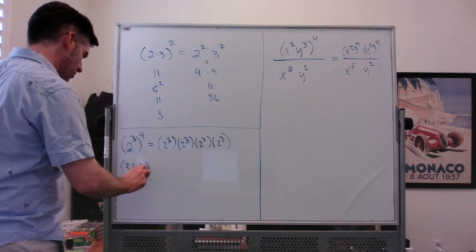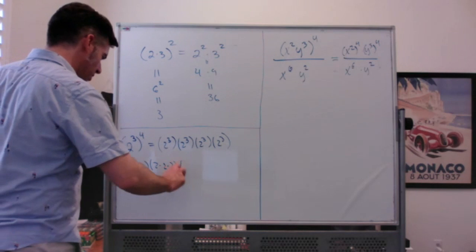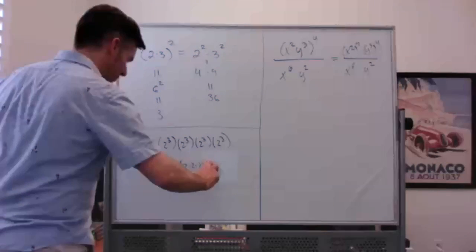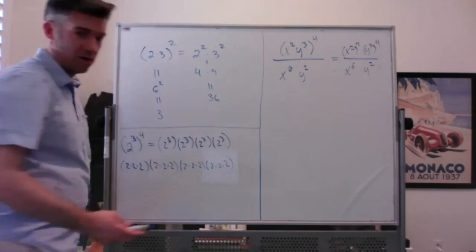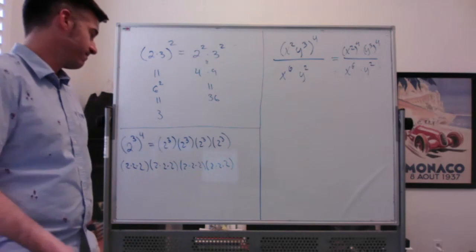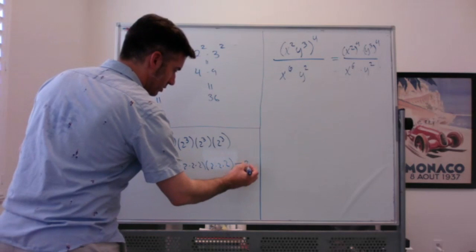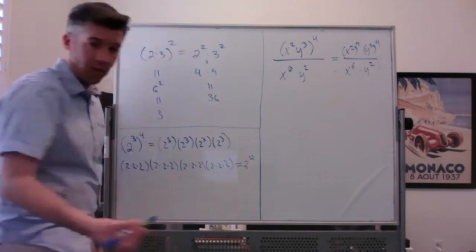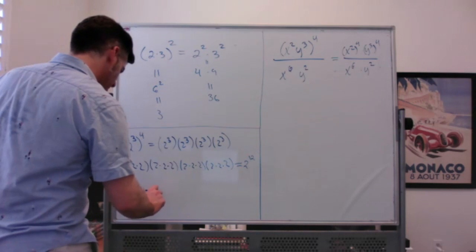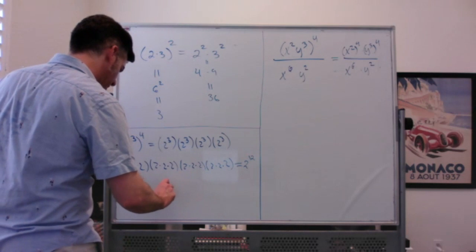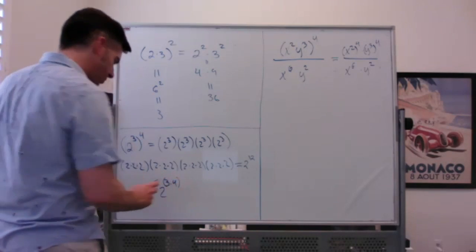Which is how many 2's? Looks like I got a dozen. 2 to the 12. Or as you might observe, it's 2 to the 3 times 4 power.